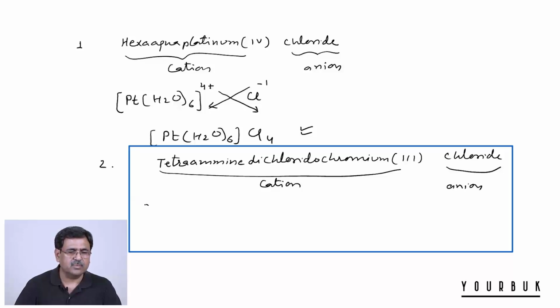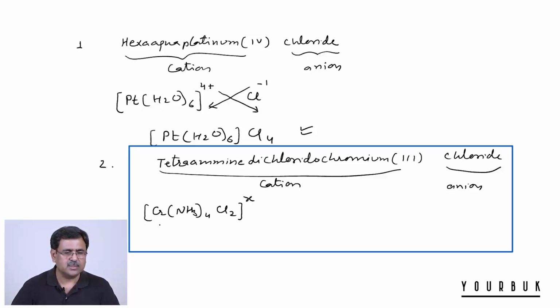In the cationic part we start with chromium Cr, then arrange the ligands alphabetically, tetraamine, so NH3 whole 4, Cl2, and then we write the charge on the complex as X positive. We don't know what is the charge on this complex, so we assume the charge on the cation is X. So our aim is to find this X first.